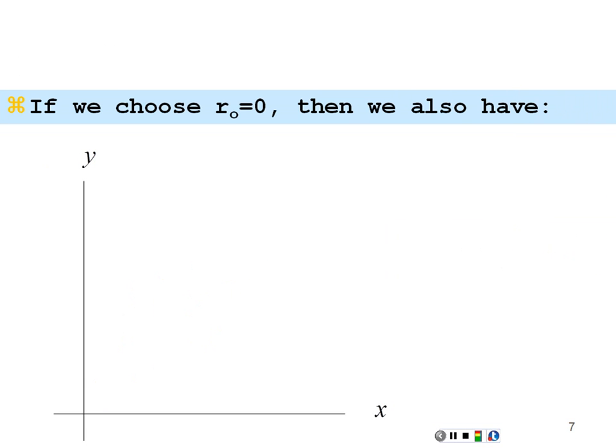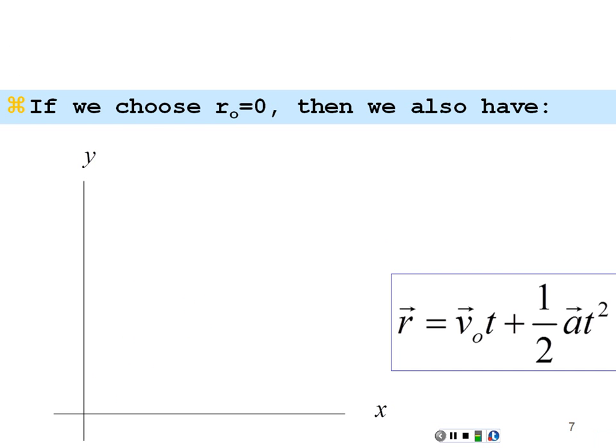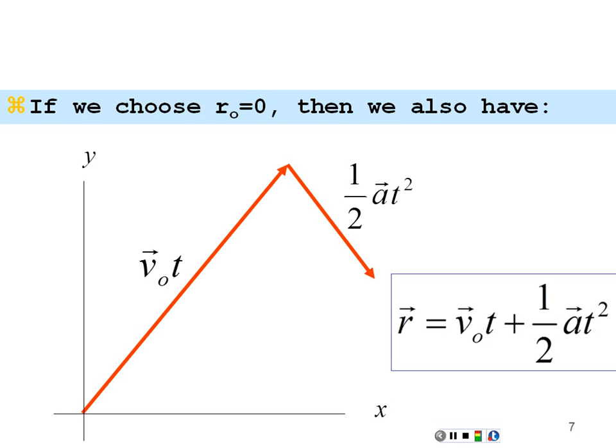We can also try this with our displacement. If we choose our initial position as 0, then our position becomes the same as our displacement. Our position as a function of time will be our initial velocity times time plus 1/2 acceleration times time squared. I can view this as vectors, with v naught t giving me a definite displacement in some direction, and there might be another displacement due to acceleration of 1/2 at squared.